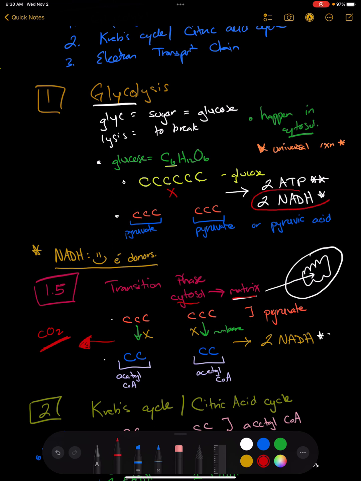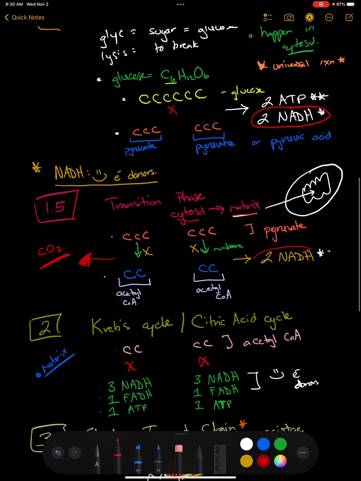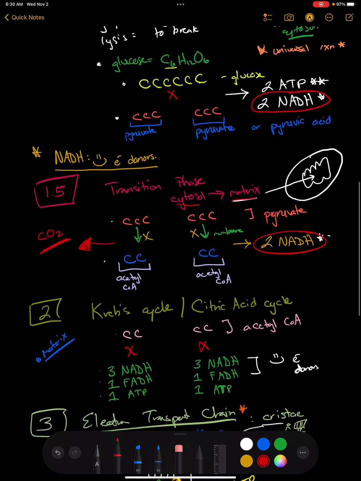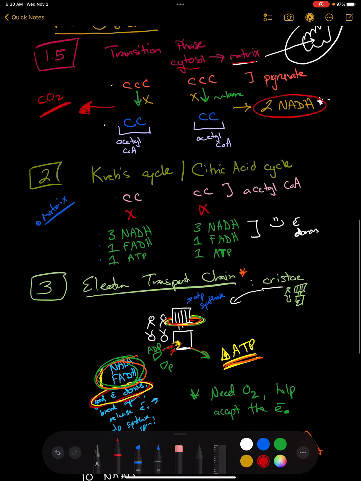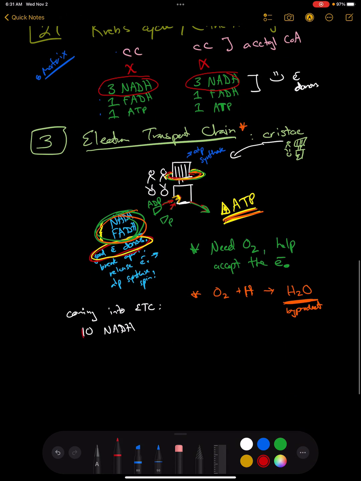In glycolysis I had 2 right here. Then during the transition phase, I made another 2. So 2 plus 2 is 4. And then during the citric acid cycle, I got to make another 6. So I had 4, 5, 6, 7, 8, 9, 10. So that's why down here, coming to the electron transport chain, I had 10 NADHs.